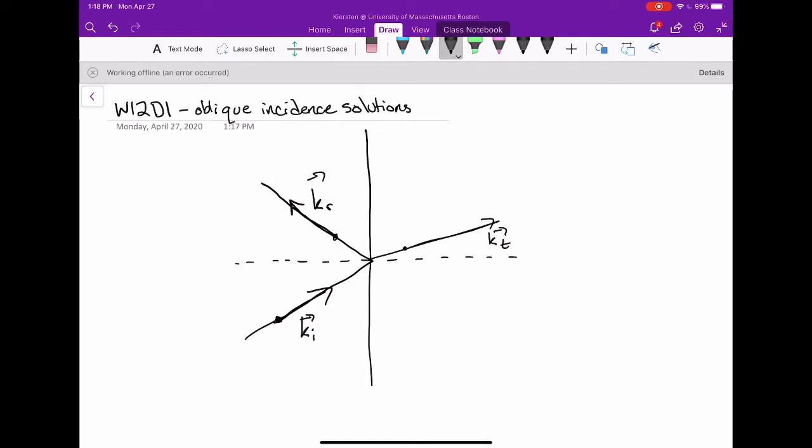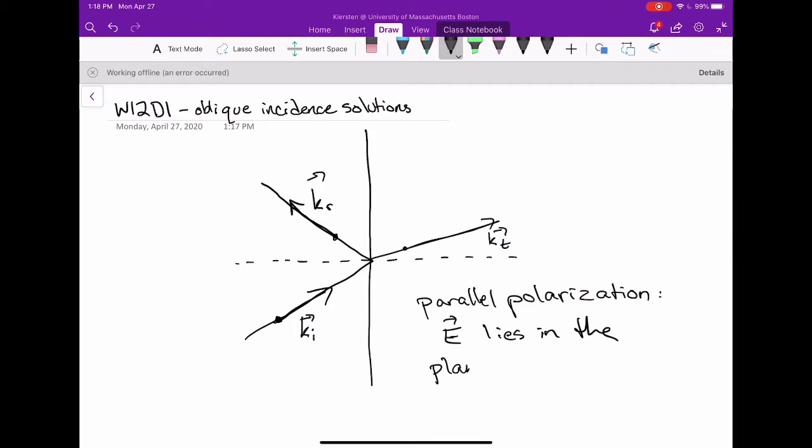And as a reminder, parallel polarization means that the electric field vector lies in the plane of incidence, which is the plane that contains all of the k vectors and the surface normal vector.